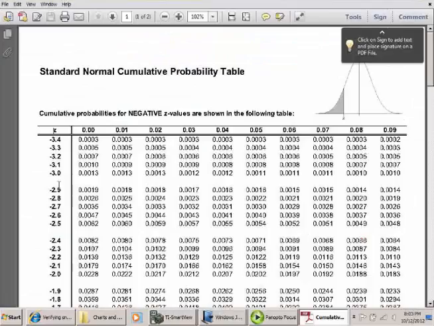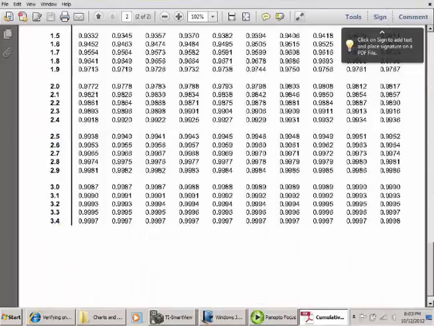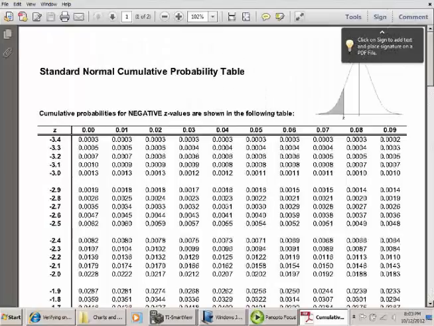You can see here on the left side, those are your z values going down up to 1 decimal place. It starts out at negative 3.4, and we come over the positive side and it has up to 3.4 here. So you go down that first column to where you find up to your first decimal place.